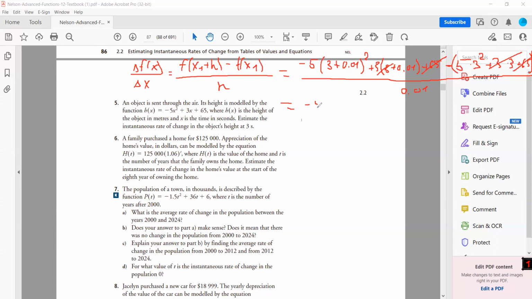You're gonna have -5 times 3.01 squared. I'll use my calculator in order to evaluate that.